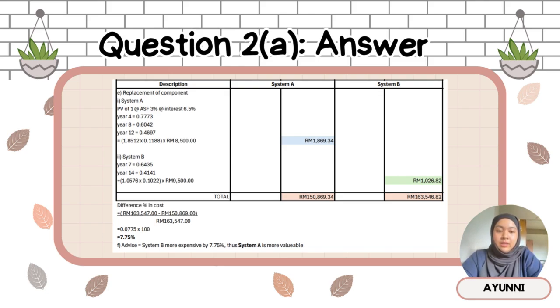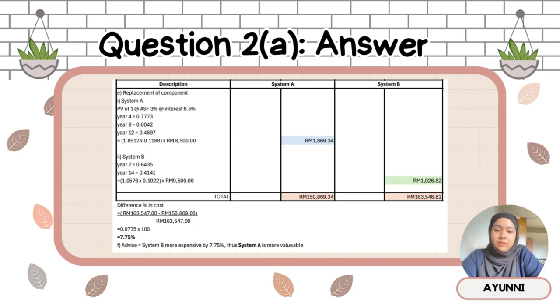So after getting the total value for PV of 1 for both systems, which is gained from the valuation table, the total will be multiplied with ASF plus I that we've calculated before, which is equal to 0.1188, and it will be times with the cost of replacement for each system. So at the end, the total for replacement cost for system A is about 1.k ringgit, and system B is about 1k ringgit plus only.